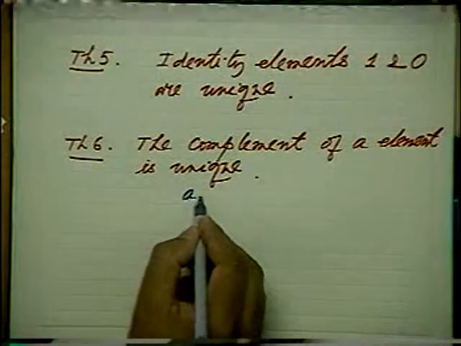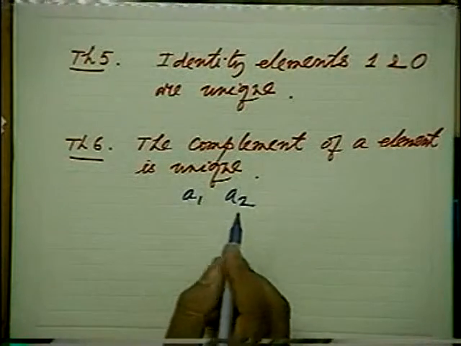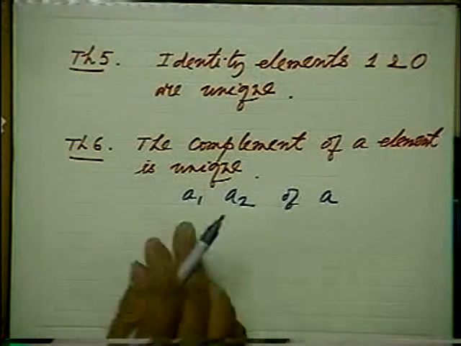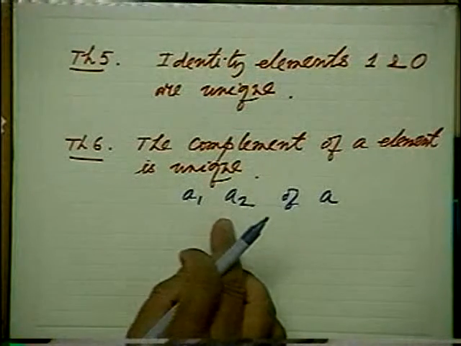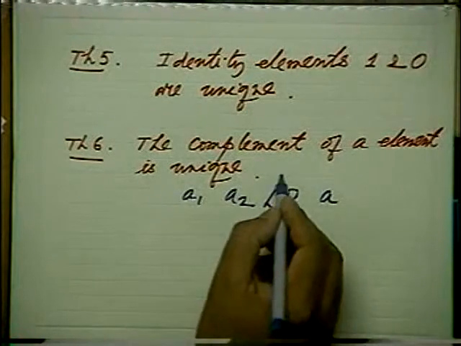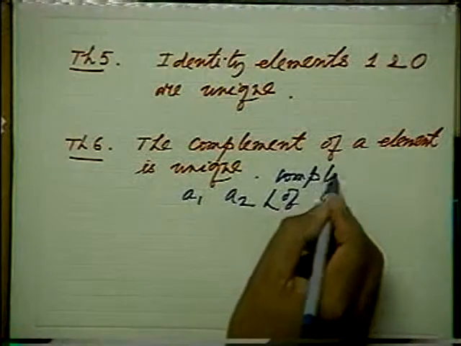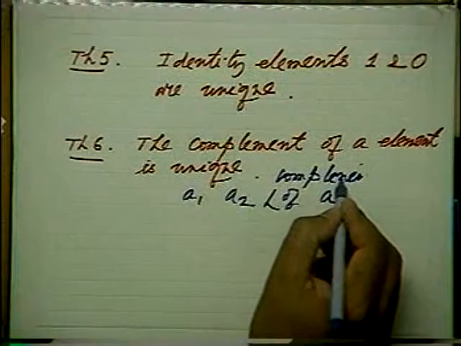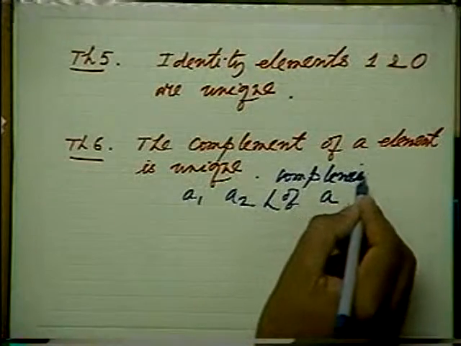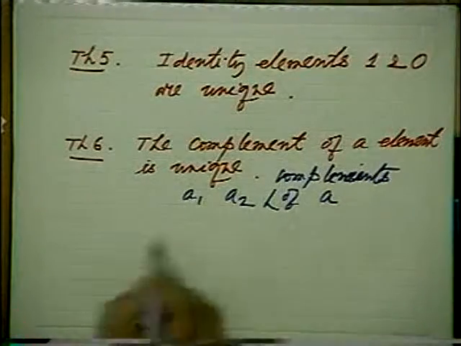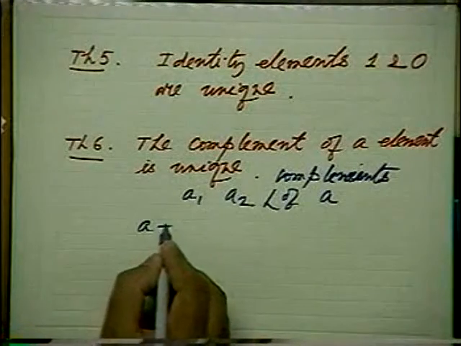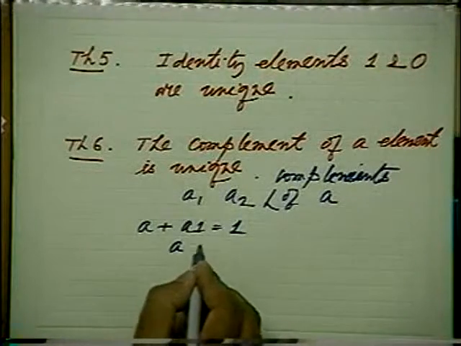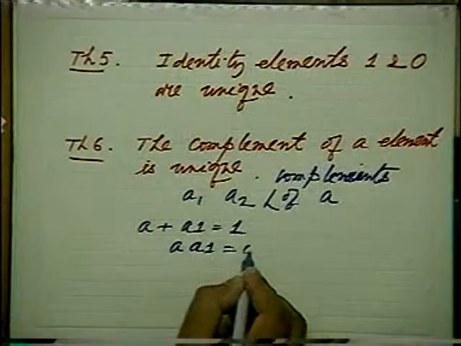Let A1 and A2, the two complements of A, exist, so A1 and A2 are complements of A. In that case, naturally, we immediately have A plus A1 is equal to 1 and A A1 is equal to 0.